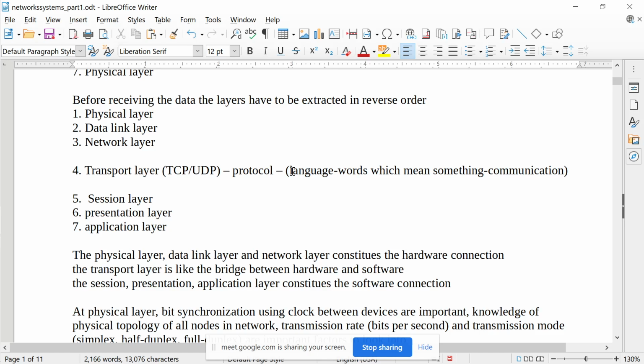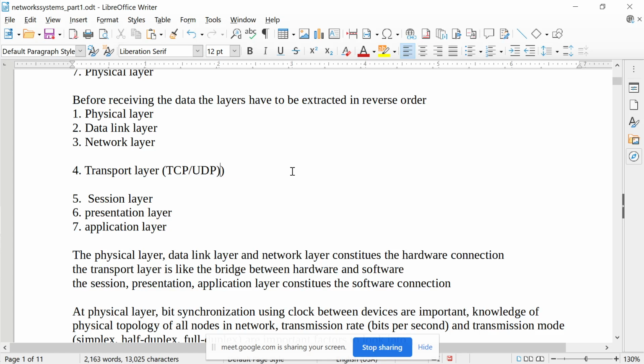Every language is like a protocol, and every language has a particular set of words which mean certain things. The way it is constructed, that entire grammar and the syntax and the semantics forms your protocol, forms your language, and that is what protocol means.